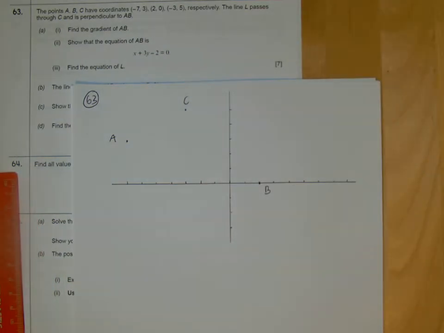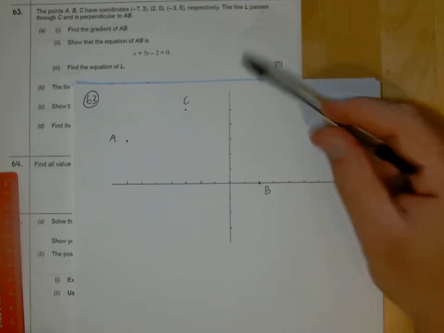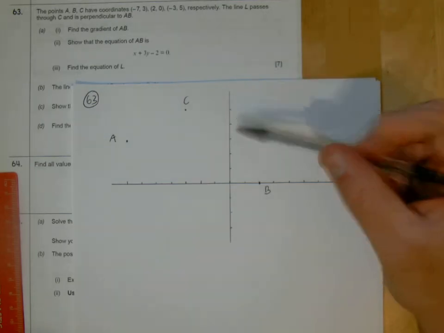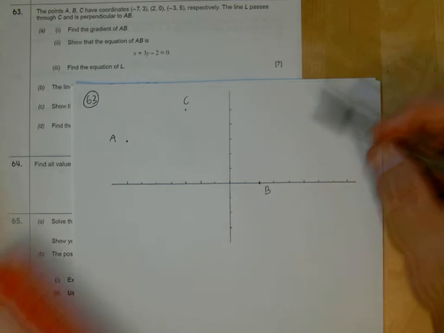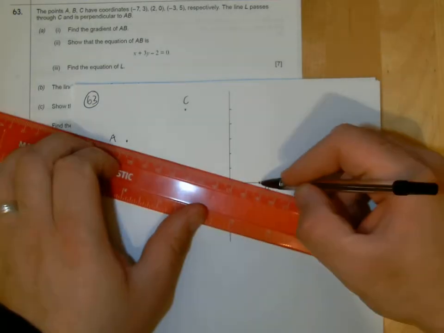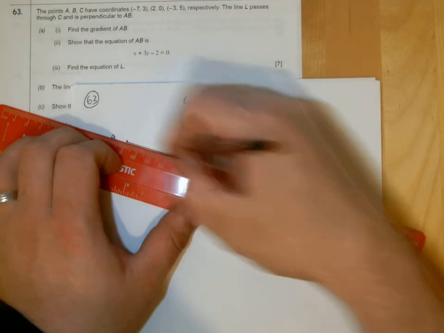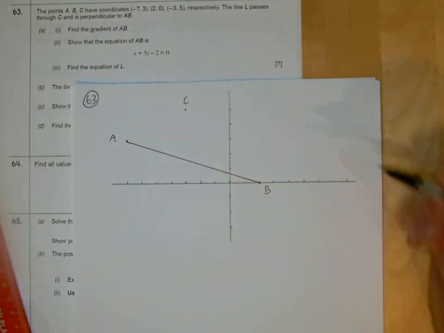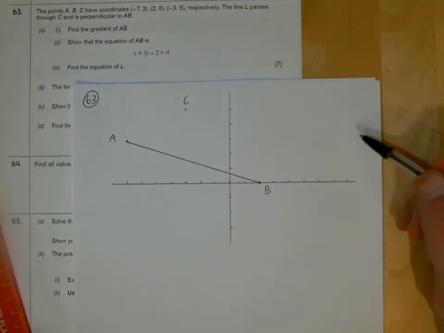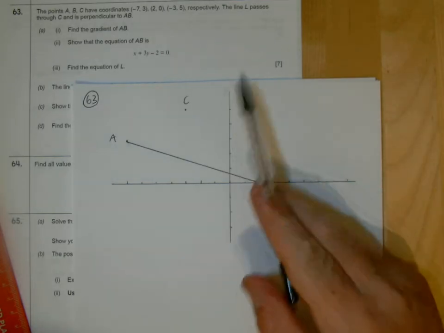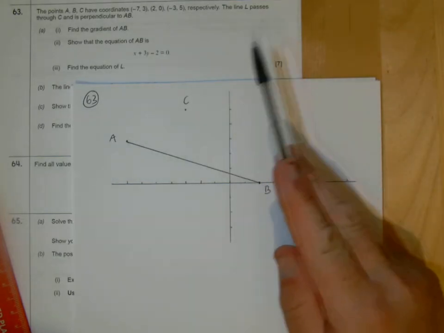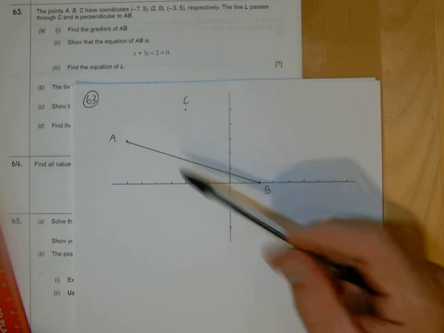Okay, and it says then the line L passes through C and is perpendicular to AB. So let's just draw the line AB, just so we get an idea here. So there's my line AB, and it says the line L then passes through C and is perpendicular to AB.